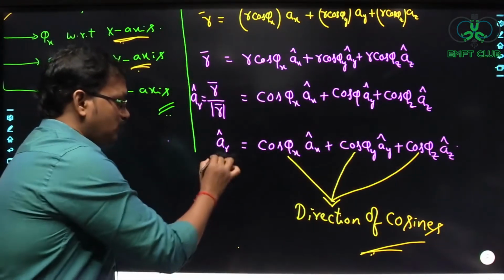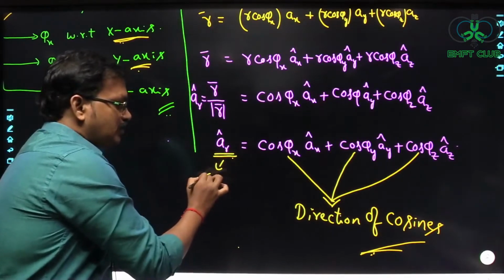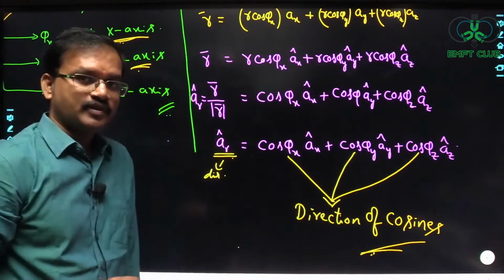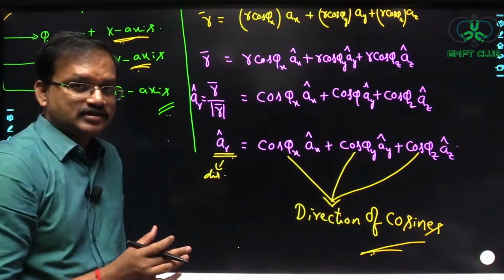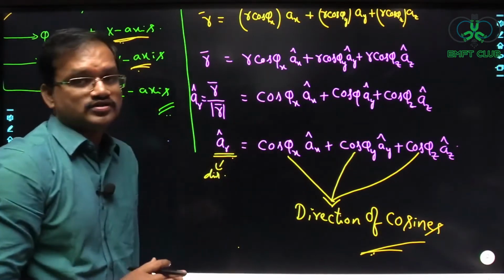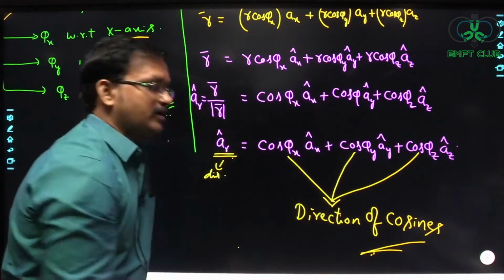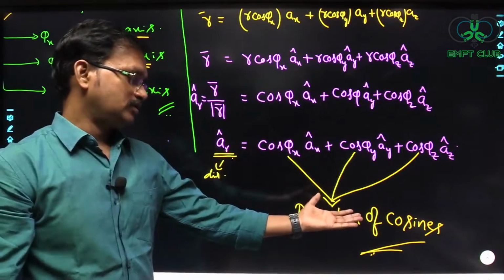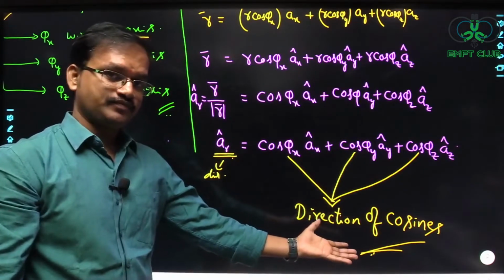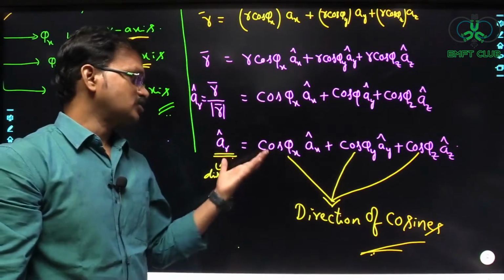See, a unit vector will always give you direction. So we can tell the direction of any vector in terms of cosines. That's why it is called direction cosines. It gives you the direction of the vector.